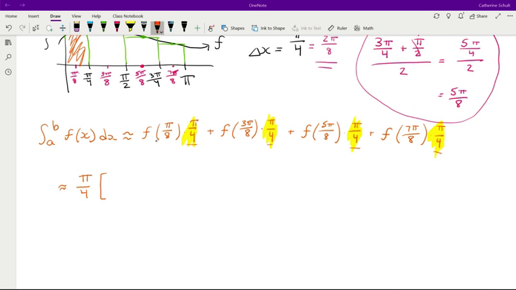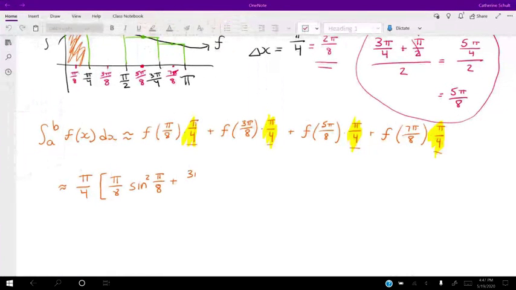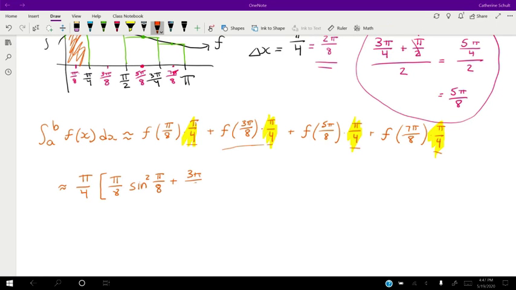All right, so f of pi over 8 is x sine squared x, with x being pi over 8. All right, and then for the second expression, x is 3 pi over 8, so x sine squared x.